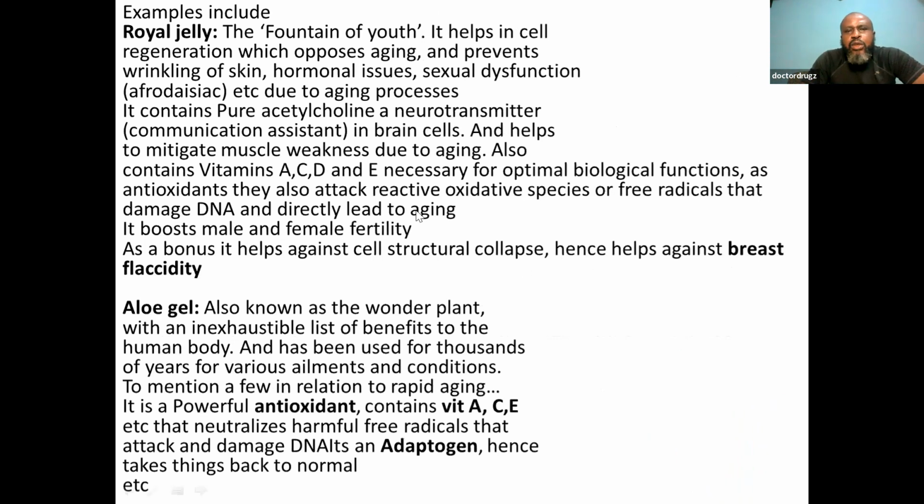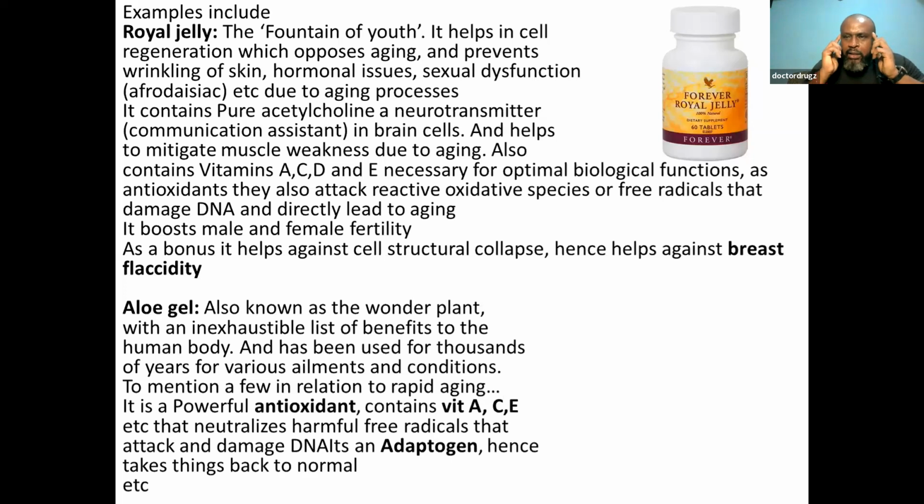Now, Royal Jelly is also known as the fountain of youth, because it contains what is called acetylcholine. One of the challenges of aging is when the mind begins to lose its function. The brain begins to lose its function as a result of aging. Now, acetylcholine is just like the communicator in the brain.